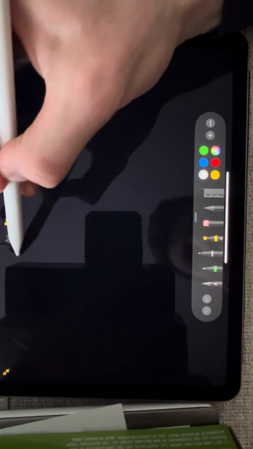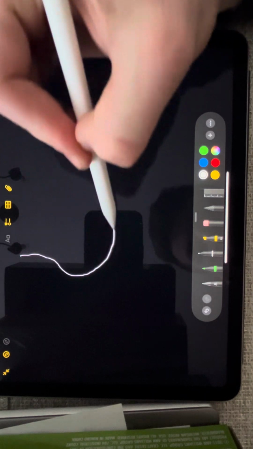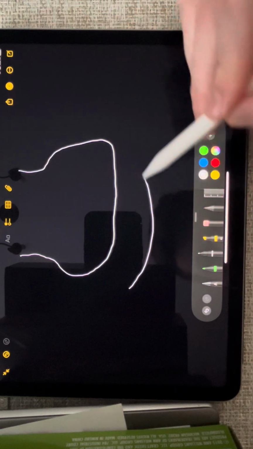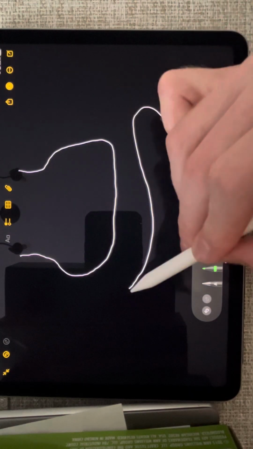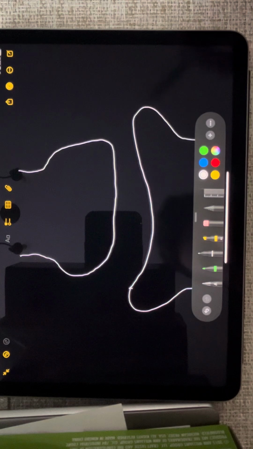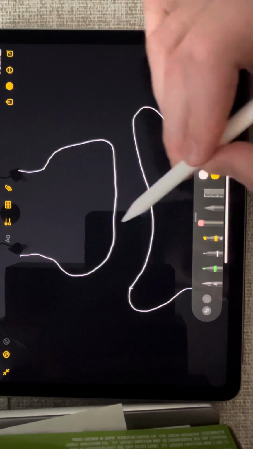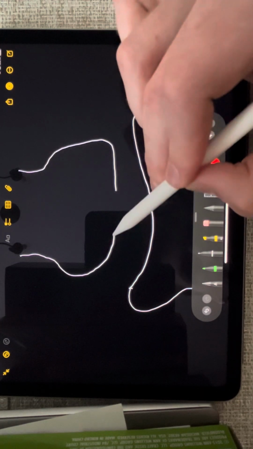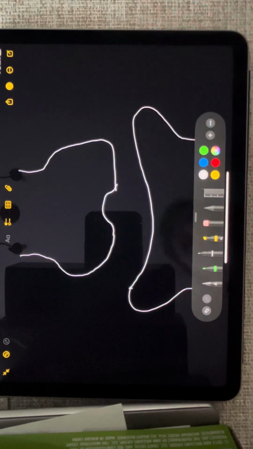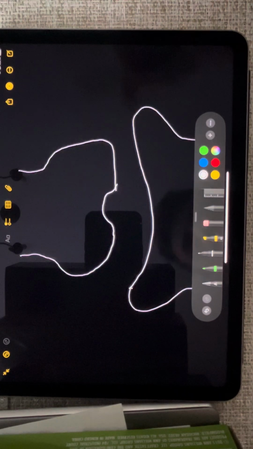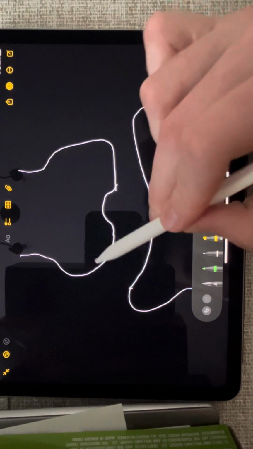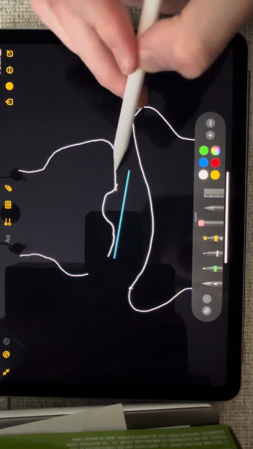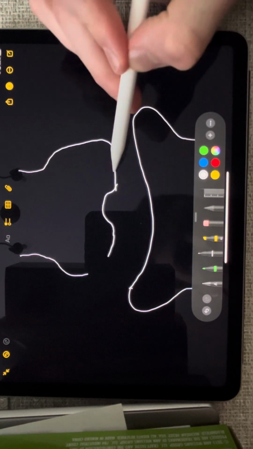So if we draw the same picture again, and we get rid of this right here, and we draw another vesicle that is emerging. And say we add a few more of these. Oh, there you go.